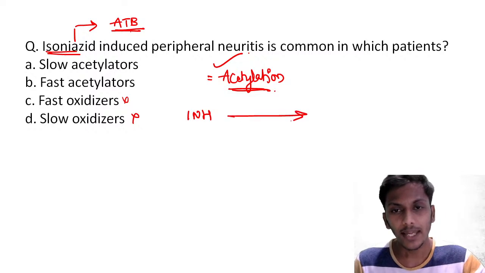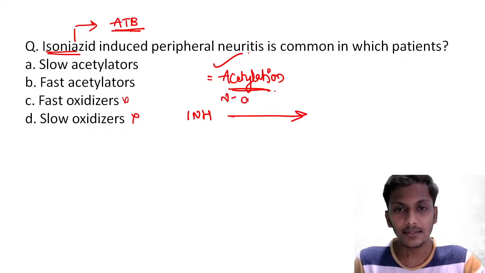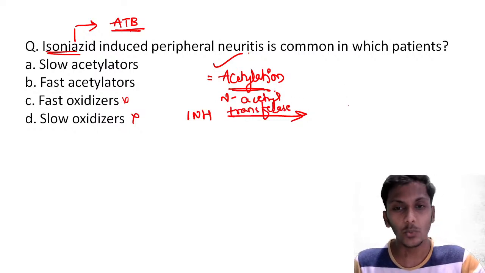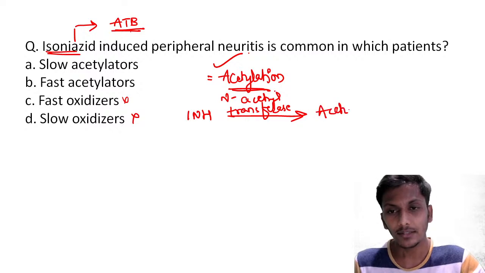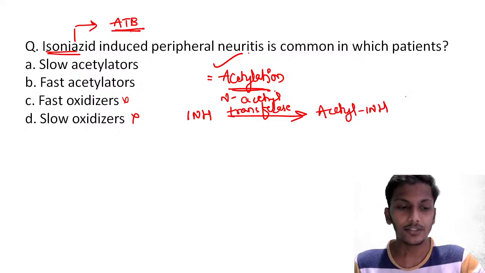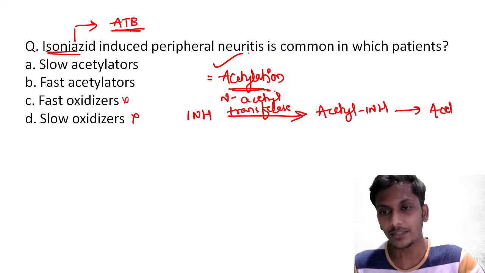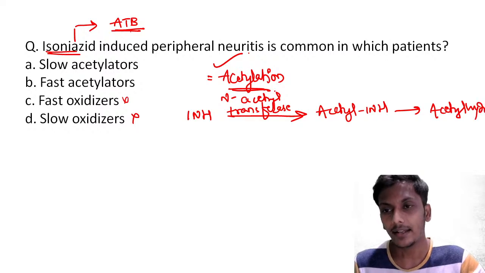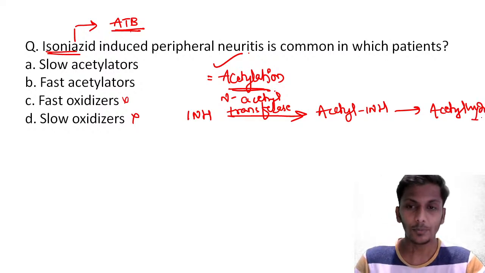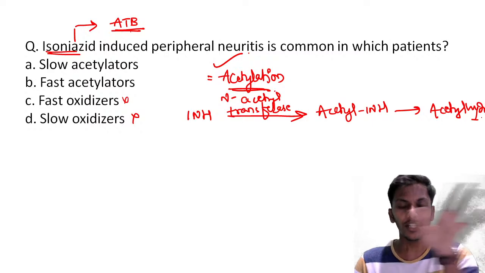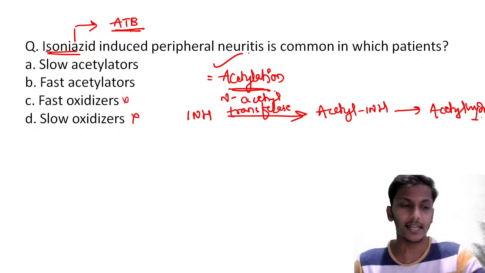When it is metabolized, it is acted upon by the enzyme N-acetyl transferase and converted to acetyl isoniazid. This acetyl isoniazid is then further converted to its last metabolite product, known as acetyl hydrazine. So please remember, isoniazid is converted to acetyl isoniazid and finally to acetyl hydrazine.